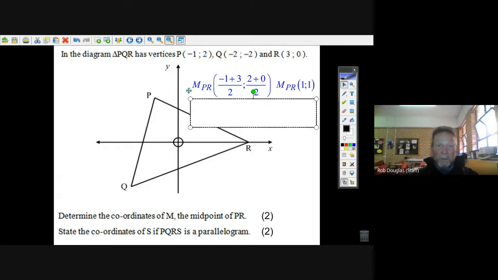And what does that give you? Minus 1 plus 3 is 2. 2 divided by 2 is 1. 2 plus 0 is 2. Divided by 2 is 1. It looks like the midpoint, which is right about there, is 1 along and 1 up. And hey, that kind of makes sense in the picture too.